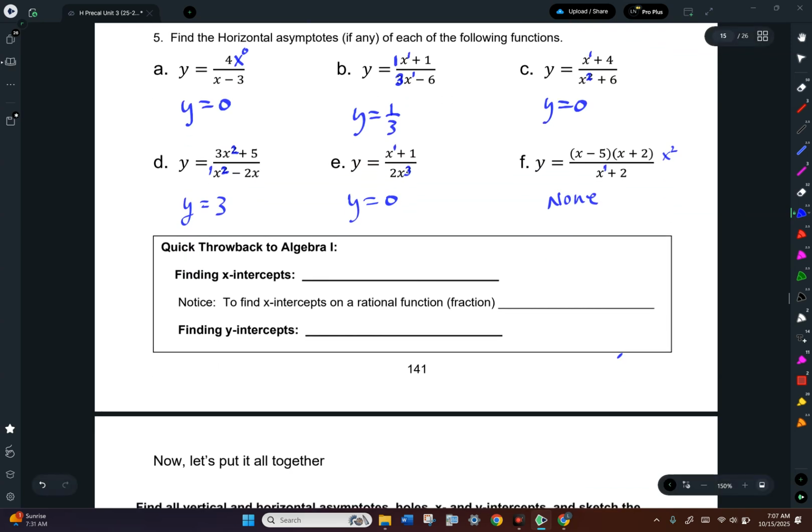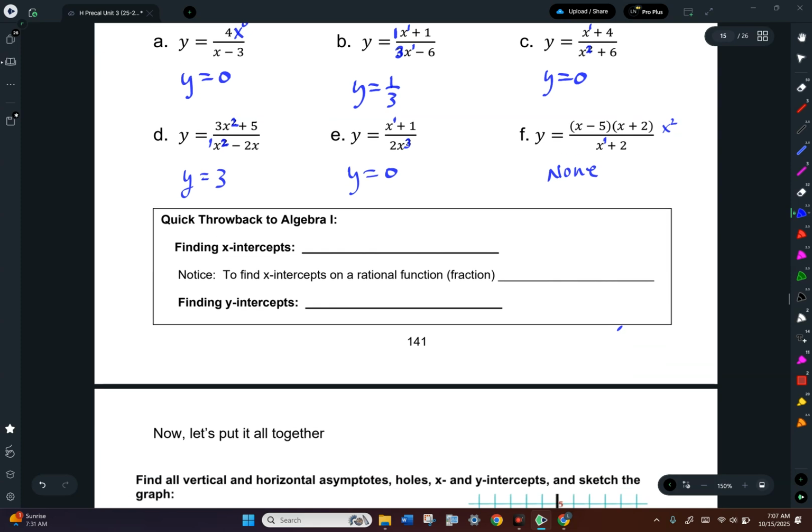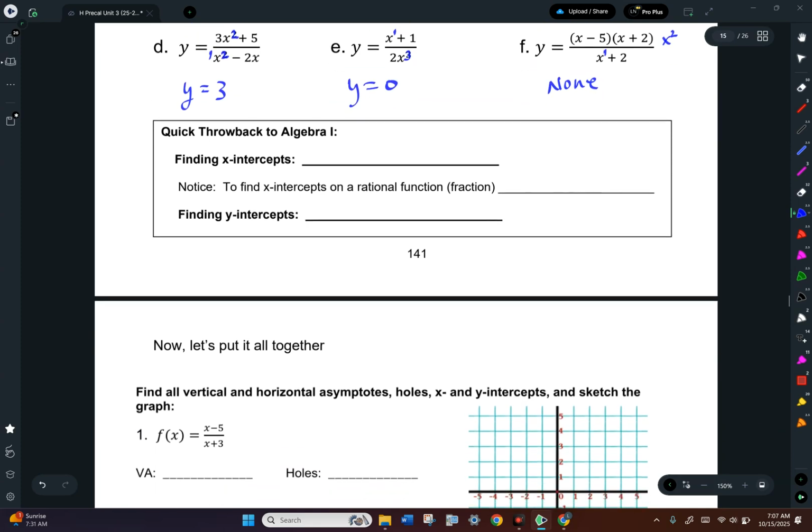Okay. Now, we're going to put all of this together in a minute, but one thing that's helpful is just a reminder when we get ready to graph. Remember, the x-intercepts are called the zeros of the function. So basically, that's what makes the function equal 0. Or you might say, hey, the y-coordinate is 0 for your x-intercept.